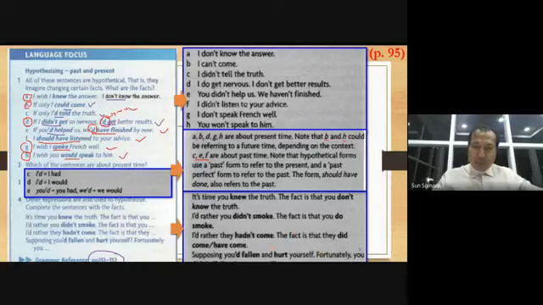Is it the same as what you think? What you have thought so far? You do smoke. So it's just talking about the contrary to the fact.